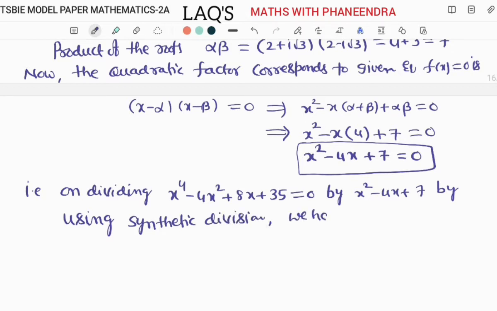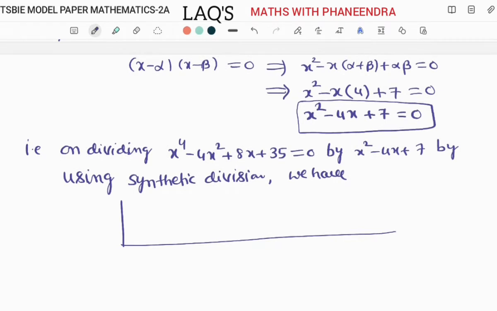So first we have to draw like this. In that, x power 4 coefficient is 1, x power 3 coefficient is not there, 0, x square coefficient is minus 4, x coefficient is 8 and constant is 35.